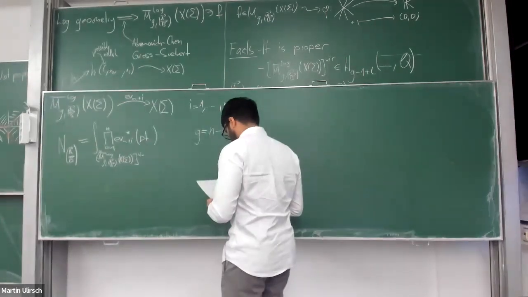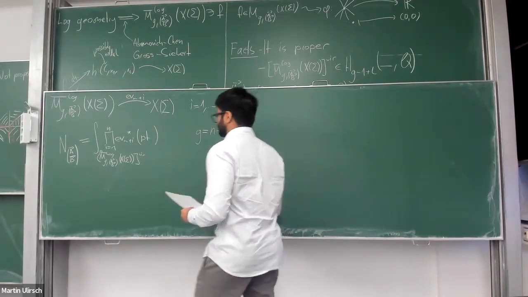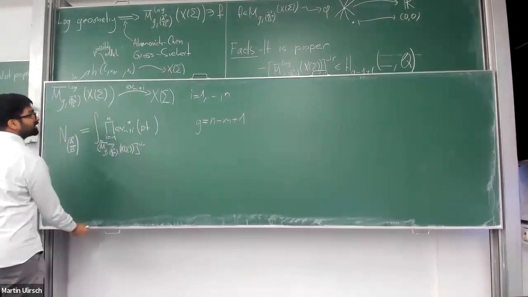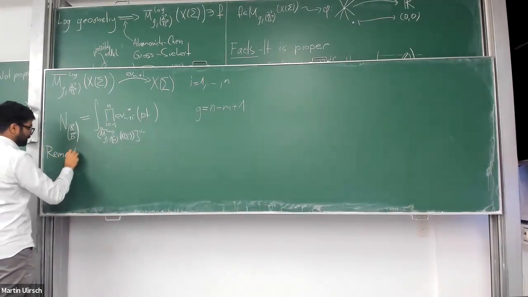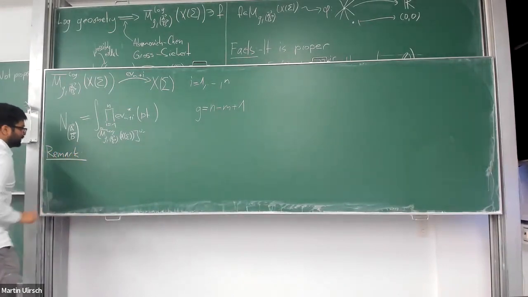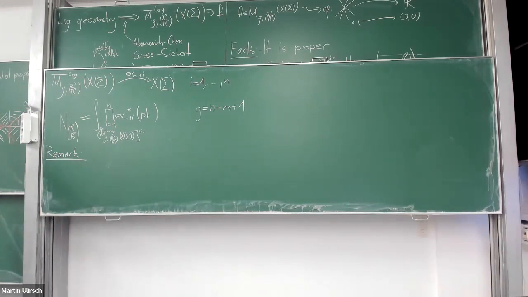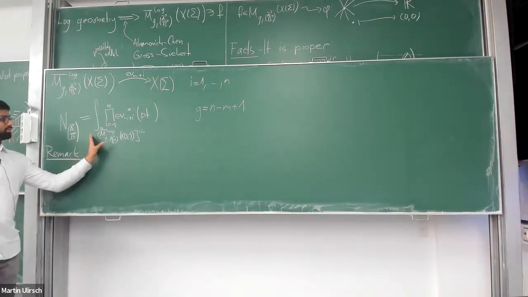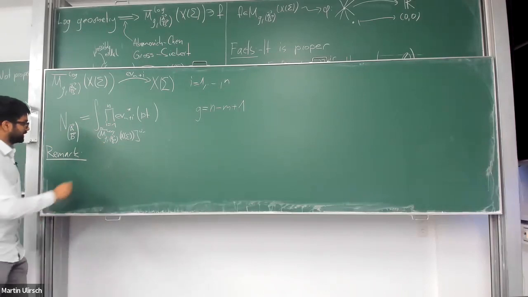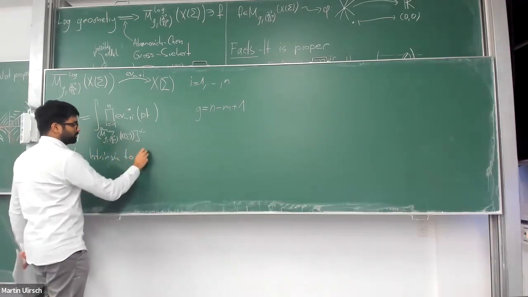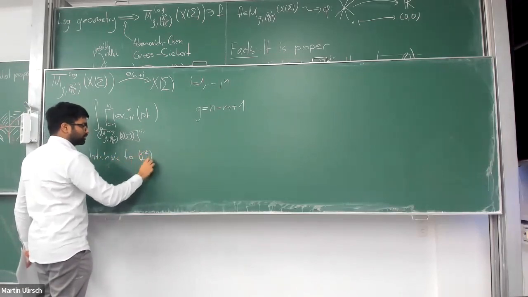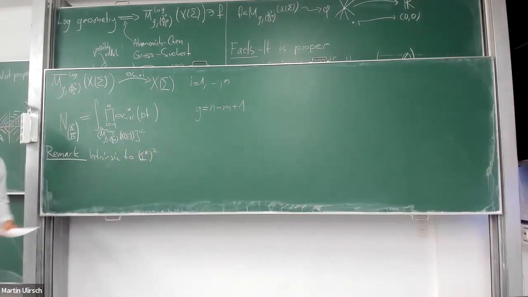Okay, let's do a remark. My first remark is going to be saying that these numbers are intrinsic to C star squared. What do I mean by that?